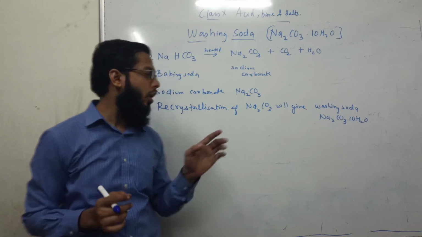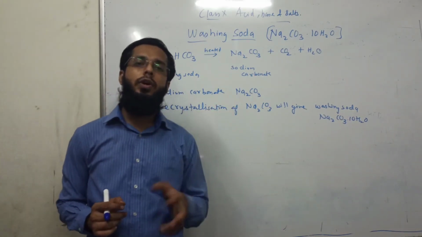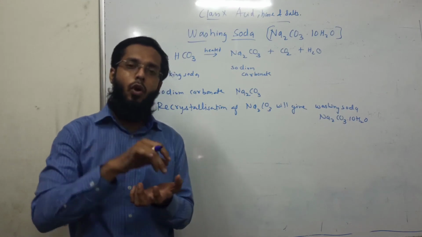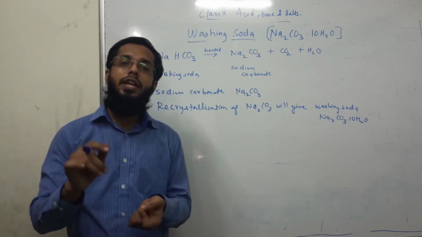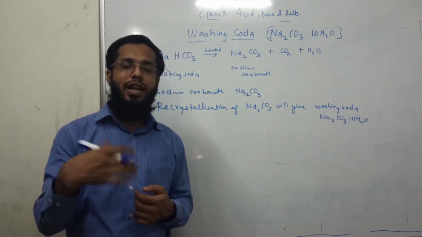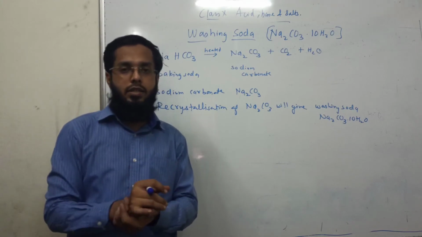For example, you have a solid compound Na2CO3, then you add it in a test tube and add water, it will get dissolved. Okay, now you heat up this mixture, it will get boiled, and then all of a sudden you keep it in ice.